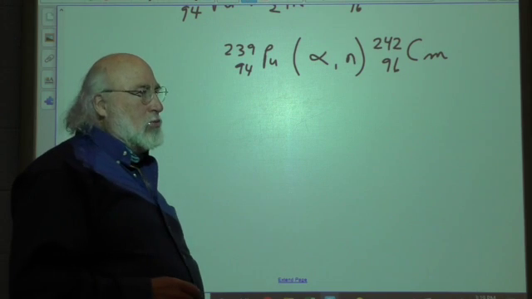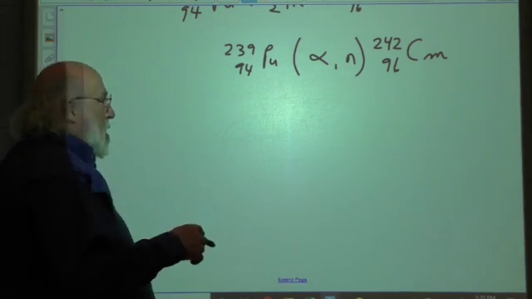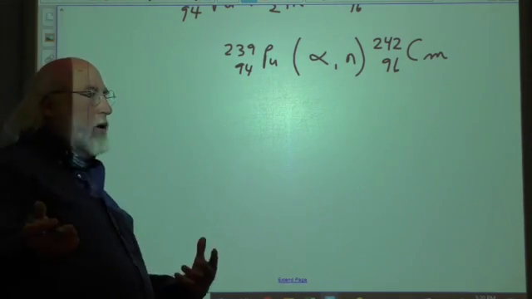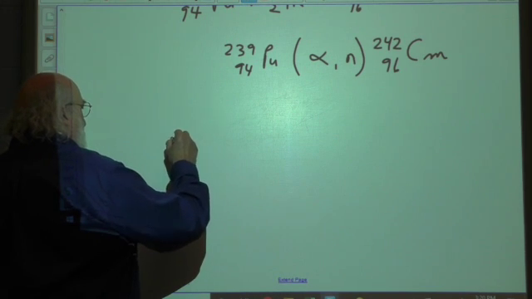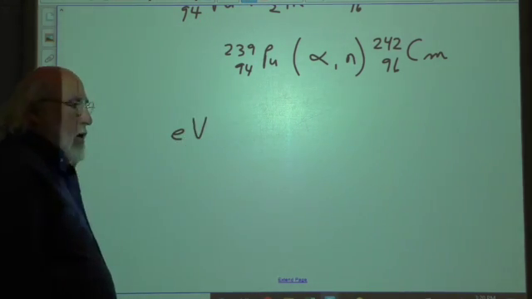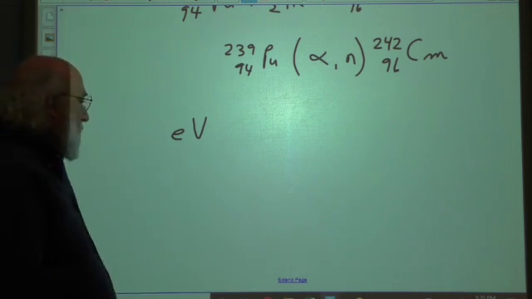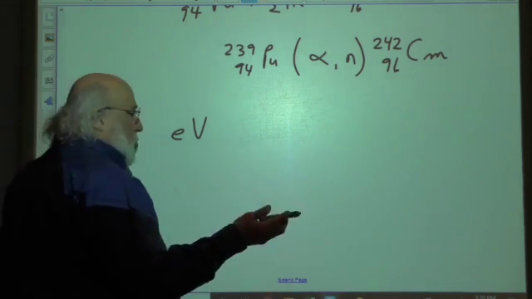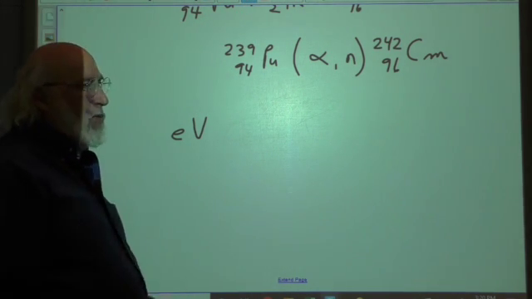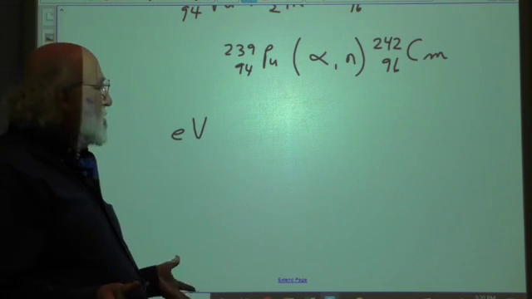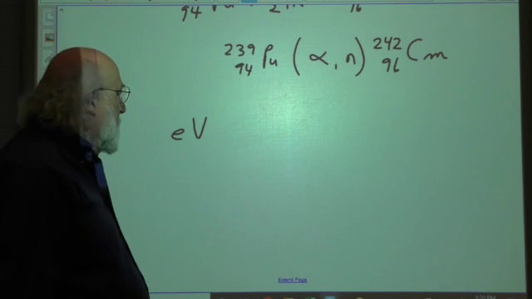scientists have decided to not use a mole of electrons in calculating how much energy is being created. So we use something called an electron volt. An electron volt is the amount of charge that one electron will have. Now, Coulomb, or Charles Coulomb, a French scientist, came up with a quantity that wasn't as massive as the mole for the number of electrons. 10 to the 23rd electrons is crazy high.